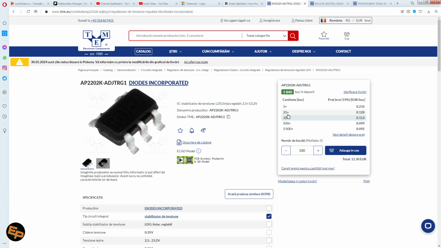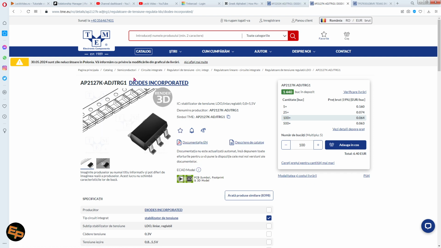This model appears to be in pretty good stock, over 1,800 pieces right now on this supplier only, and 100 pieces cost only 18 euros, so basically they cost 11 cents per piece, which is pretty cheap, I would say. Another model from Diodes Incorporated, AP2127.